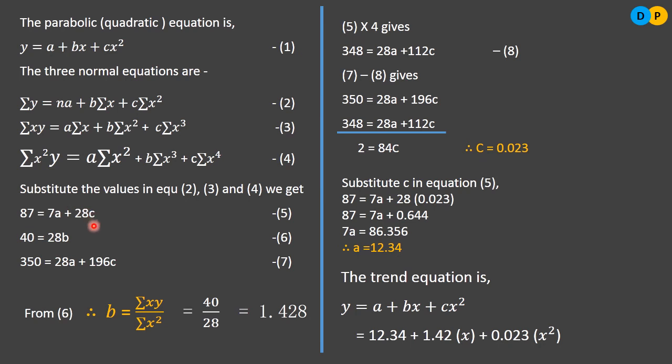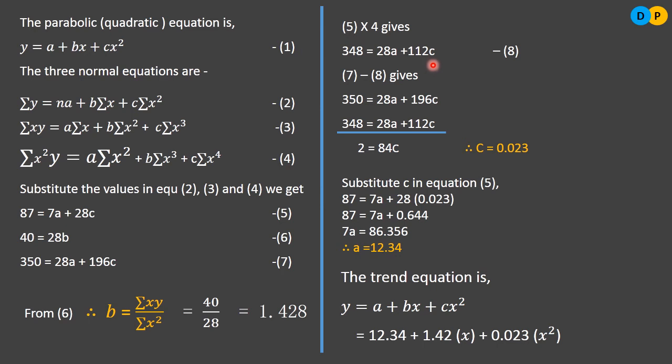Out of two equations we need to bring one term to a common value, so we multiply by some value. That's why we have chosen equation 5 and multiplied it by 4. 87 into 4 will give you 348. Similarly, 7 into 4 will give you 28, and 28 into 4 will give you 112 into c.